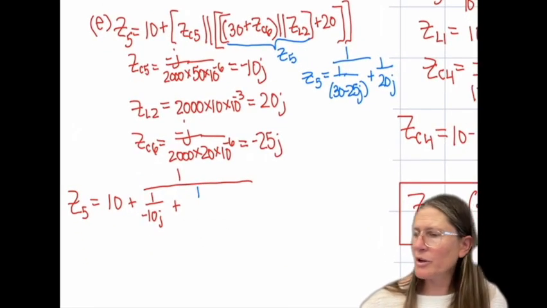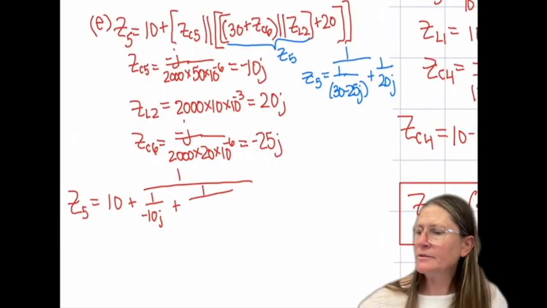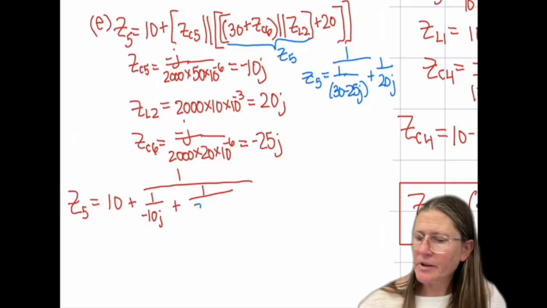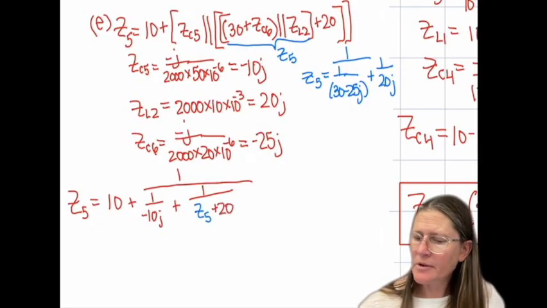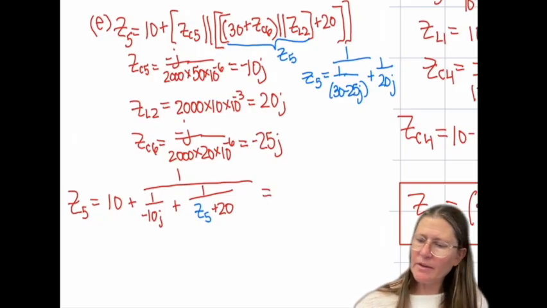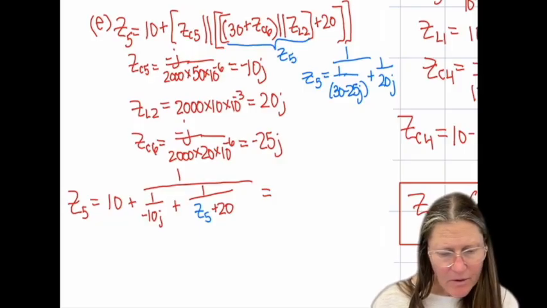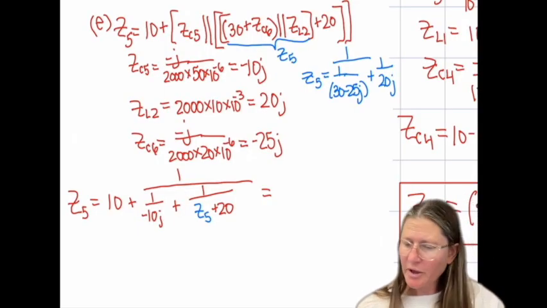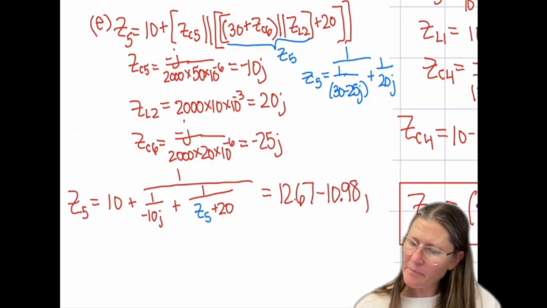So 1 over Z5 plus 20. And this ends up being 12.67 minus 10.98J.